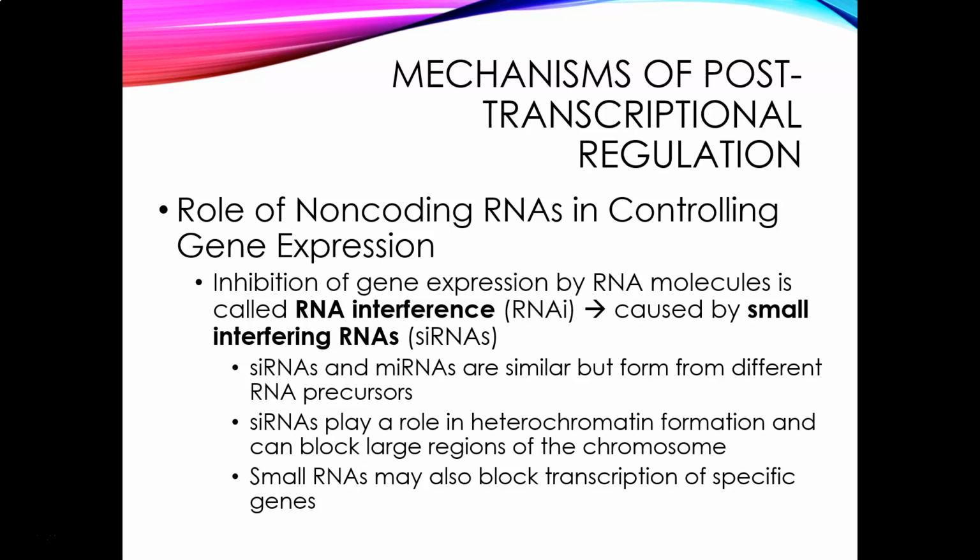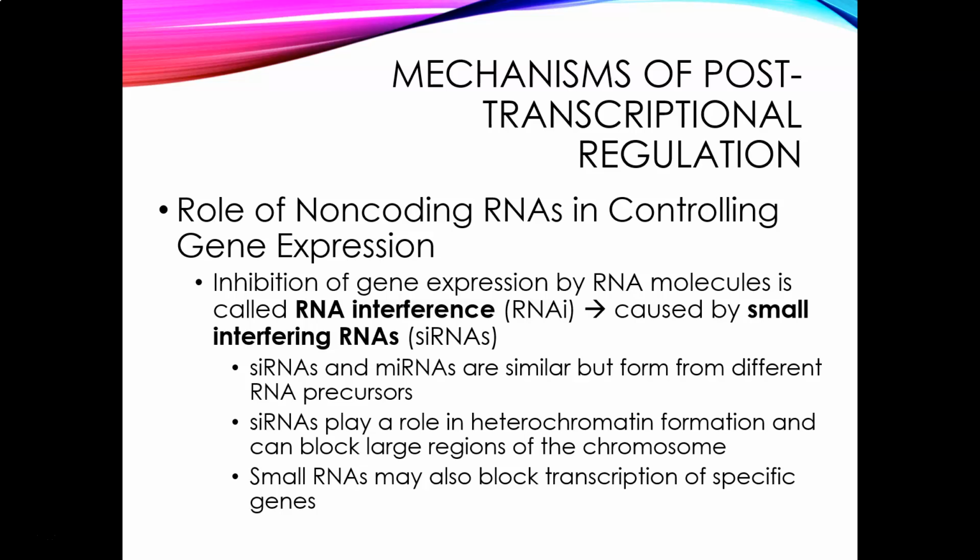Go back to the condensing or relaxing of your chromatin structure. Do I have access to that gene because it's loosely wound around those histones? Or have I caused those histones to stick together and condensed that component of our DNA molecule, in which case I won't have access to it?